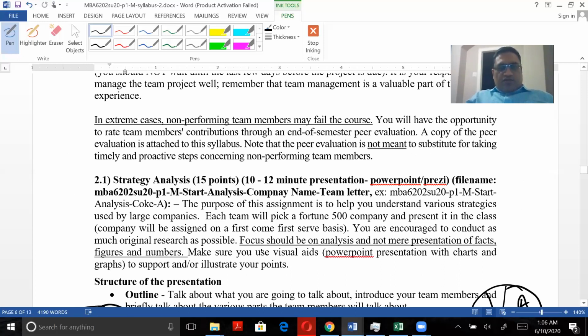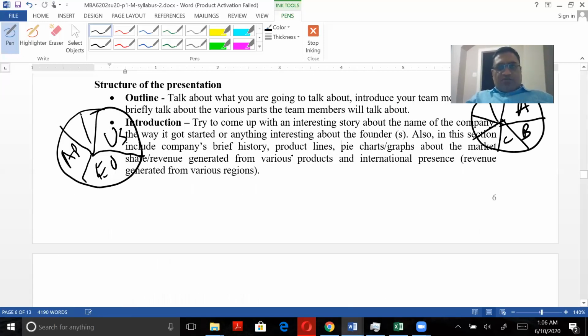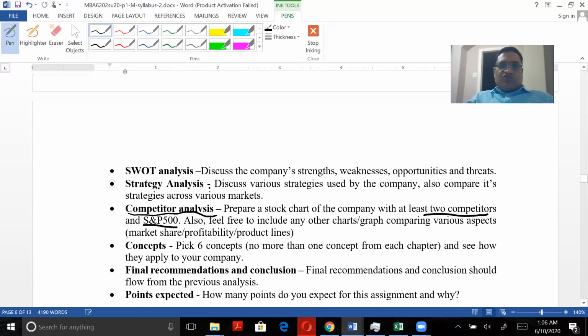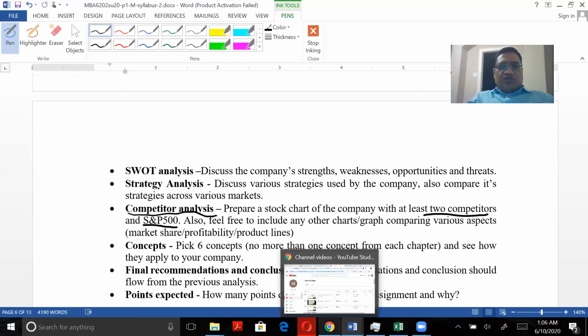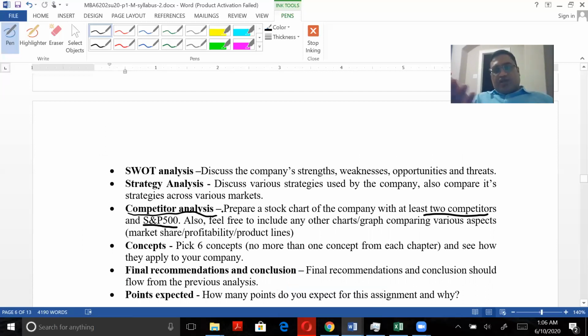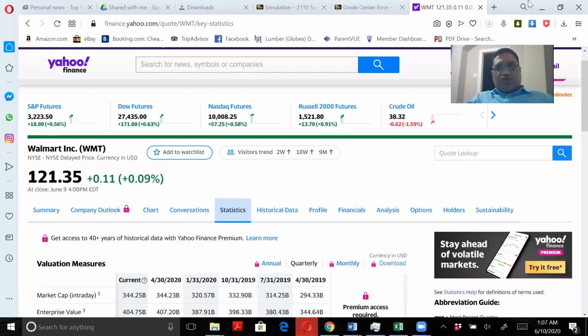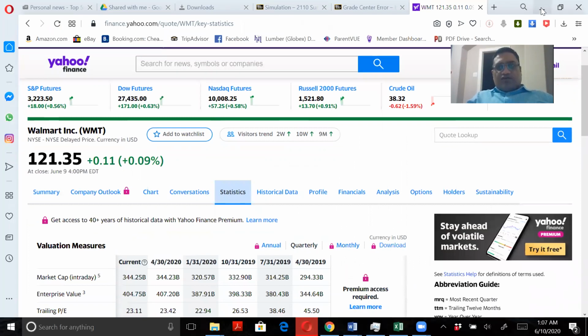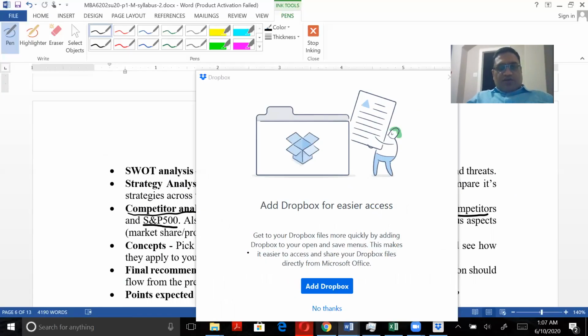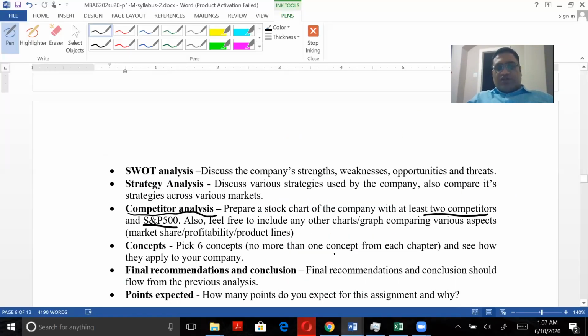And then you are going to talk about, as I mentioned, pie charts, SWOT analysis, strategy analysis, then competitor analysis. As I showed you, it's based on the stock charts, as well as other important things that you see from the statistics. Finance.yahoo.com is a good website, but there are others as well. Okay, and then you're talking about the concepts, then final recommendations and conclusion.